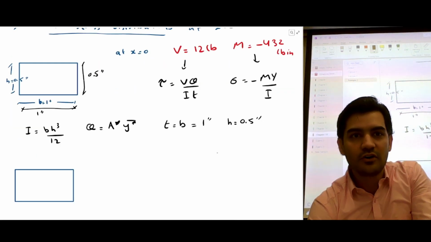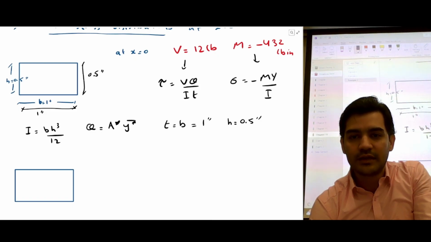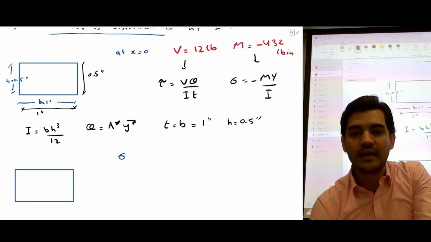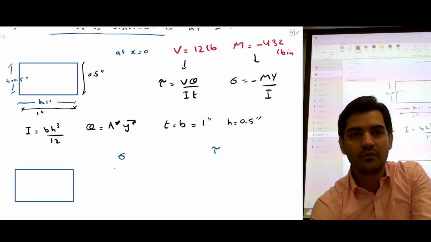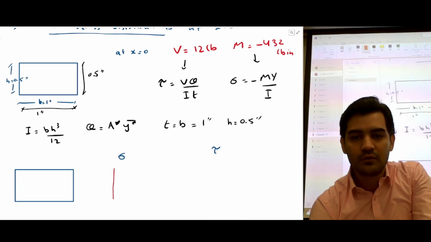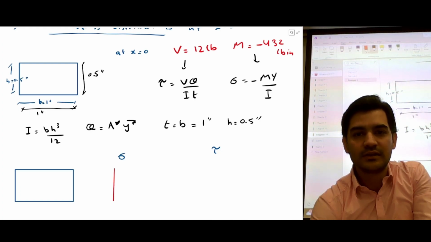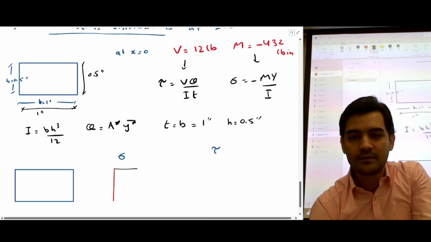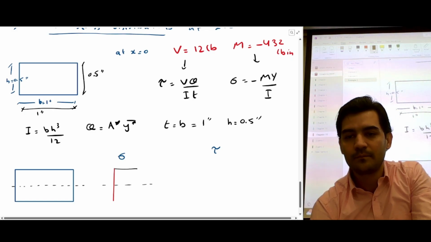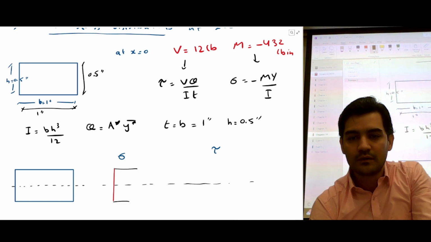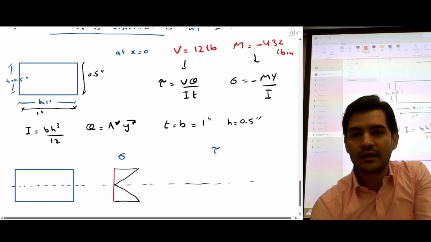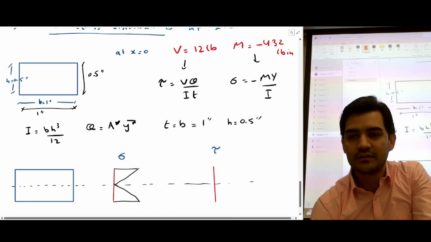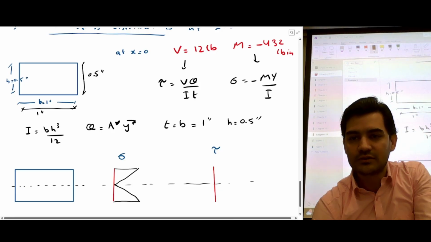Because of the bending moment, we'll get axial stresses. Because of shear force, we'll get shear stresses. We know that axial stresses look something like this. If this is the neutral axis, bending stresses look like this, and shear stresses look like this.